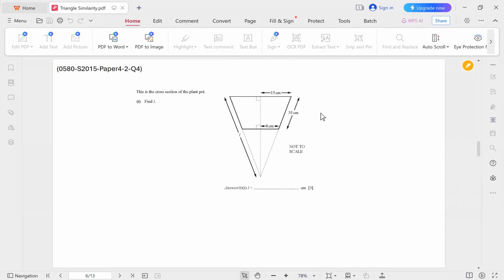But which triangles? So let's just write down some letters in order to figure this out. Let's write A, B, C, and let's also write D here and write E here as well. And we can write maybe X and Y here as well, so that we have all the points we need.